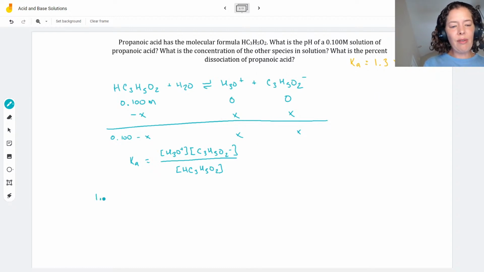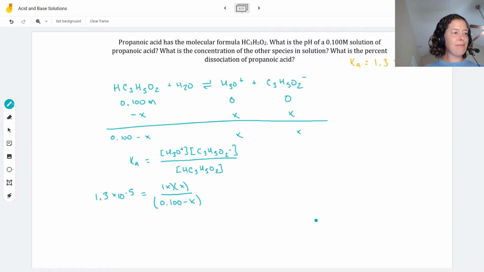So let's plug in everything we know. So this is 1.3 times 10 to the negative fifth. Hydronium is x, conjugate base is x, and of course this is a quantity minus x that is in the denominator. So let's simplify this a little bit.